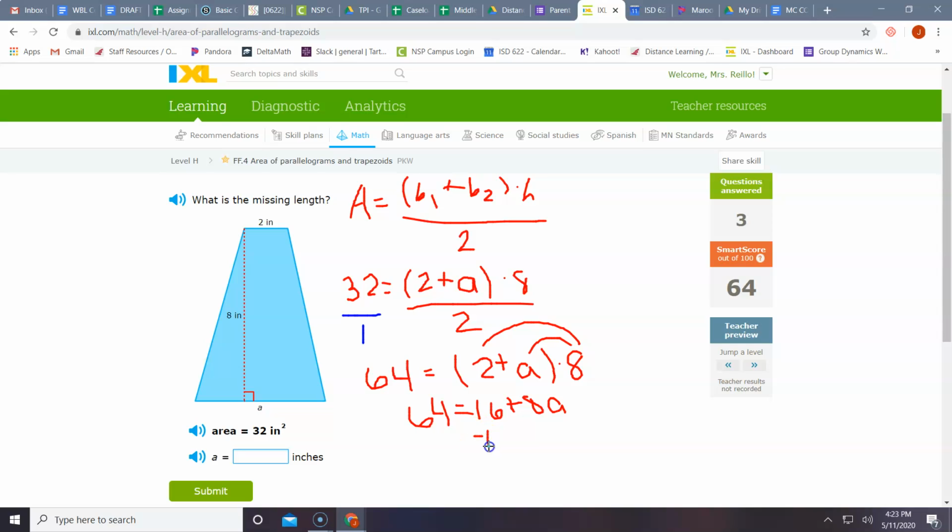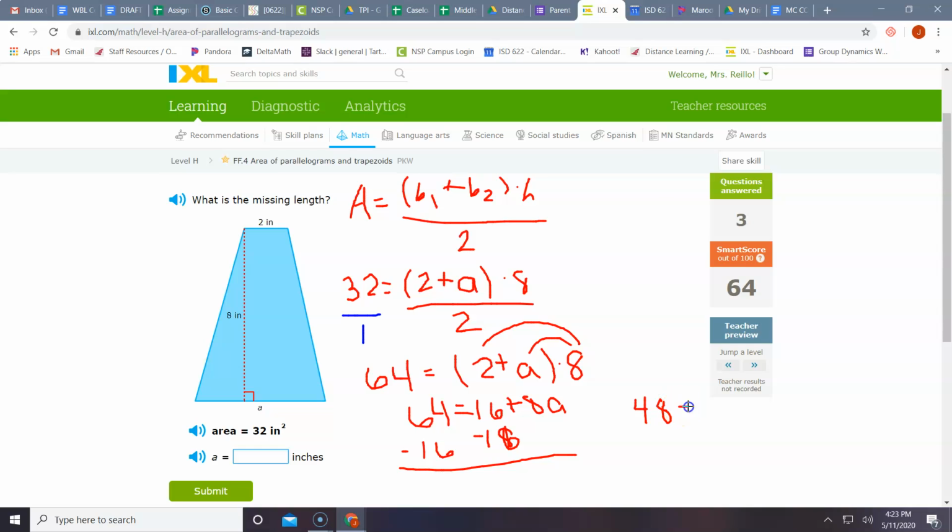Now we subtract our 16 to get our 8A. Oops. That should actually be a 6. So we're subtracting 16. Use your calculator if you're not sure and find out what 64 minus 16 gives us, and that is 48. I'm going to move my writing over here.